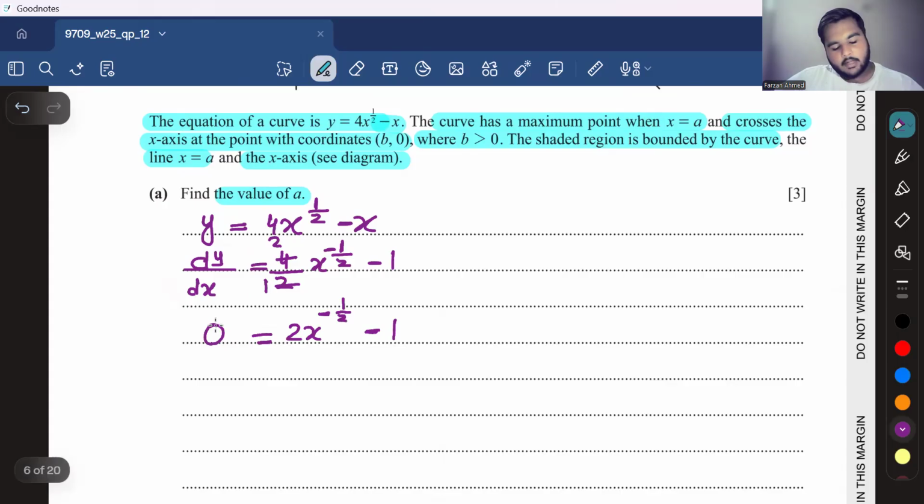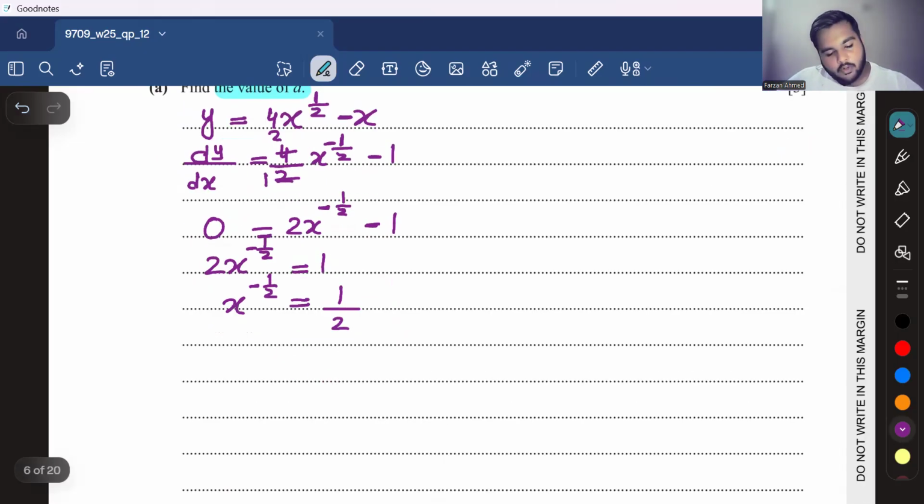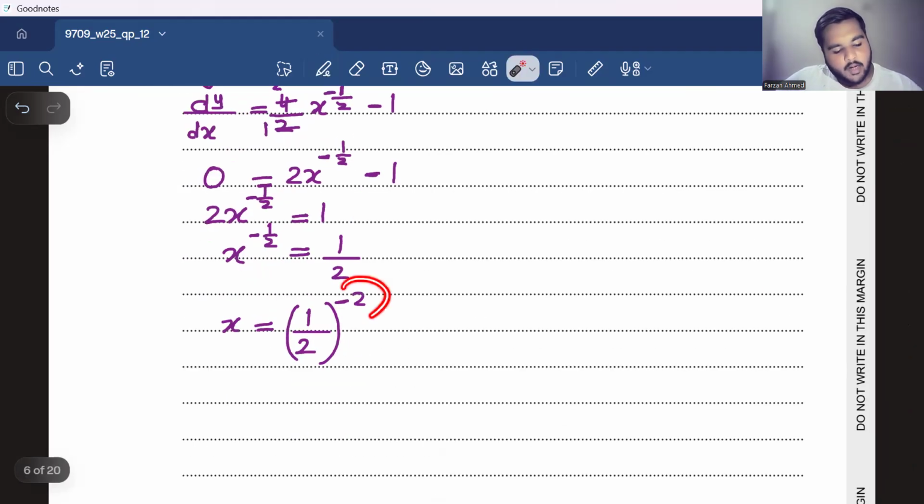So now this will be 2x to the power minus 1 upon 2 is equal to 1, and x to the power minus 1 upon 2 is equal to 1 upon 2. So we will write x is equal to 1 upon 2 with bracket to the power minus 2. Now, when we have minus 2, we will reciprocal it.